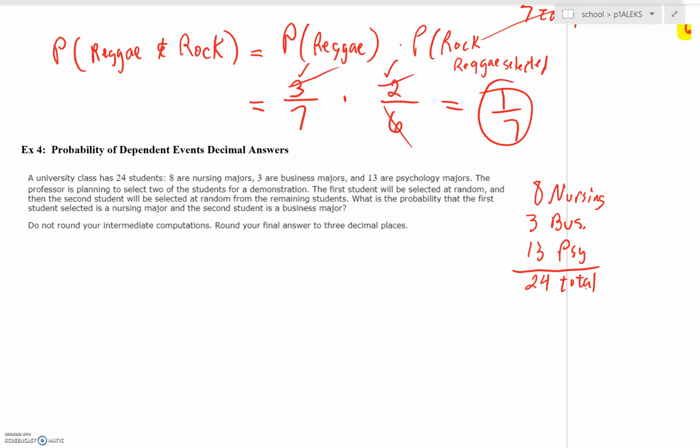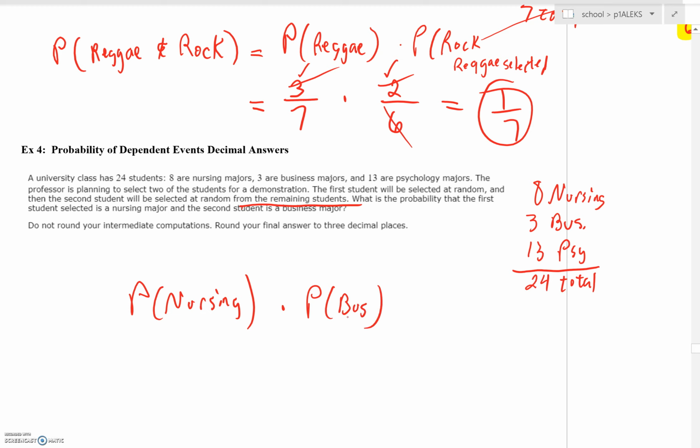The first student will be selected at random, and the second will be selected at random from the remaining students. So that student is not replaced. So what is the probability that the first student is a nursing major? And then the second student would be a business major.